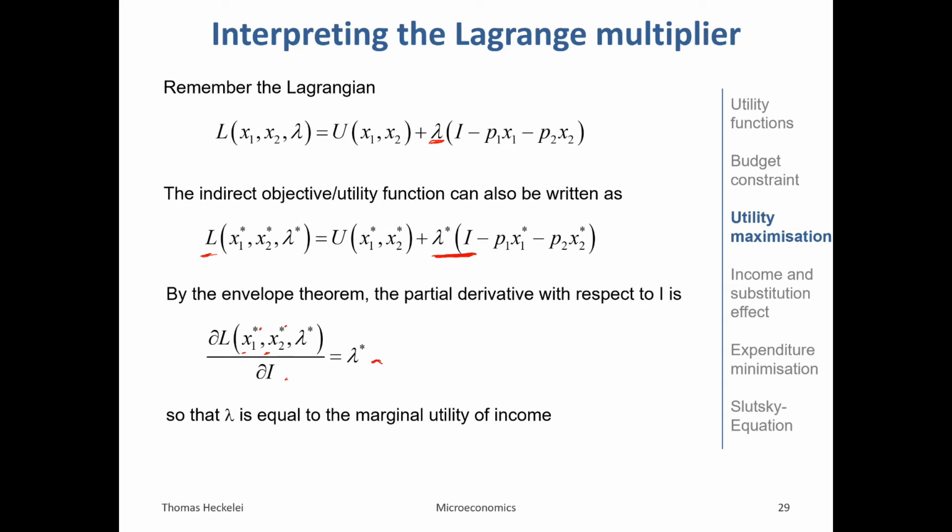Writing it this way, you can see that lambda is the marginal utility of income. So it tells you how much more utility you will get when you have one more unit of income, no matter on which good this income is spent. And that's the interpretation of lambda, the Lagrange multiplier.